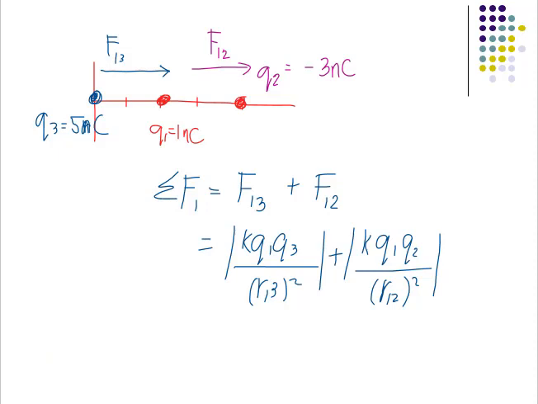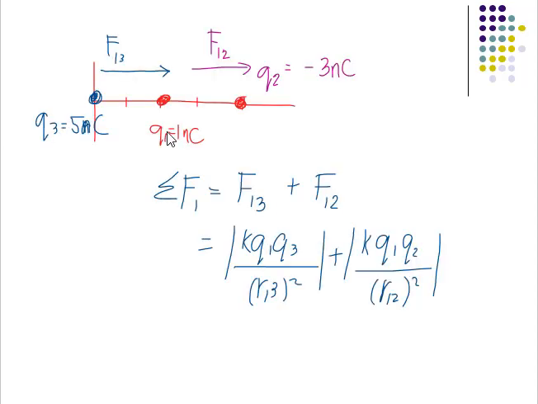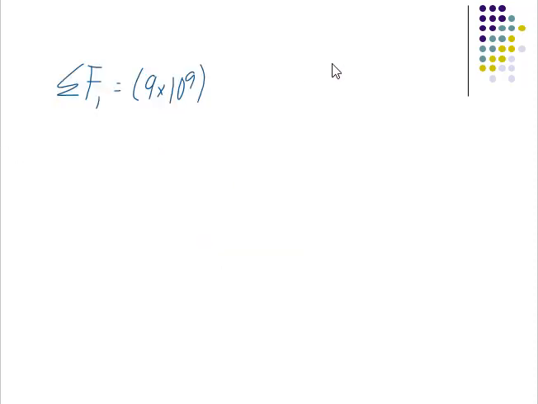The summation of forces on 1 is equivalent to 9 times 10 to the 9 newton meter squared per coulomb squared, then Q1 is 1 nanocoulomb and Q3 is 5 nanocoulombs. So we have 1 times 10 to the negative 9 coulomb and 5 times 10 to the negative 9 coulombs.